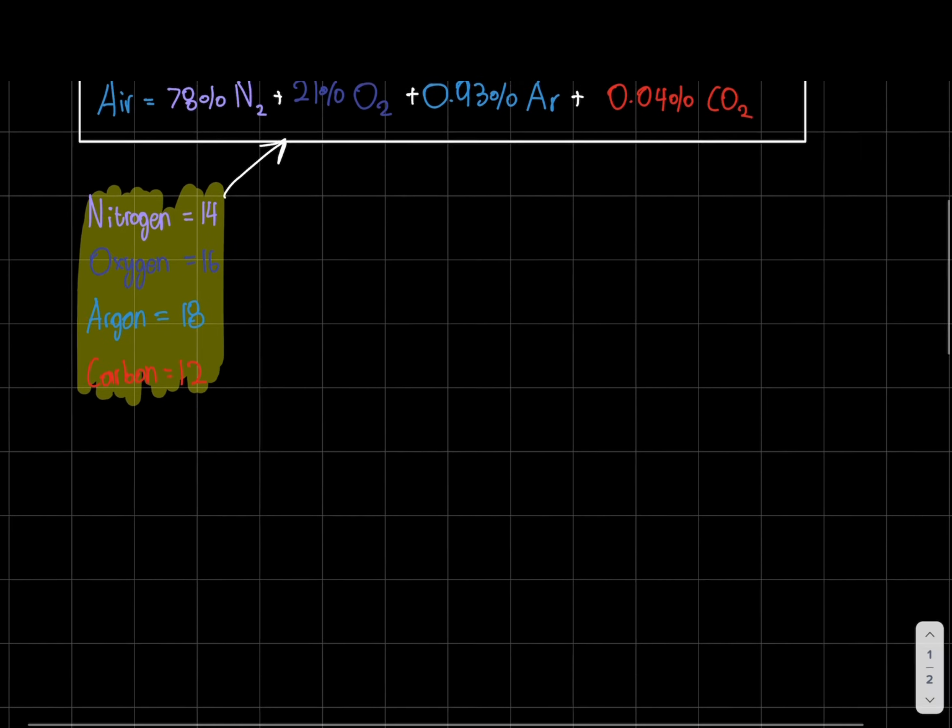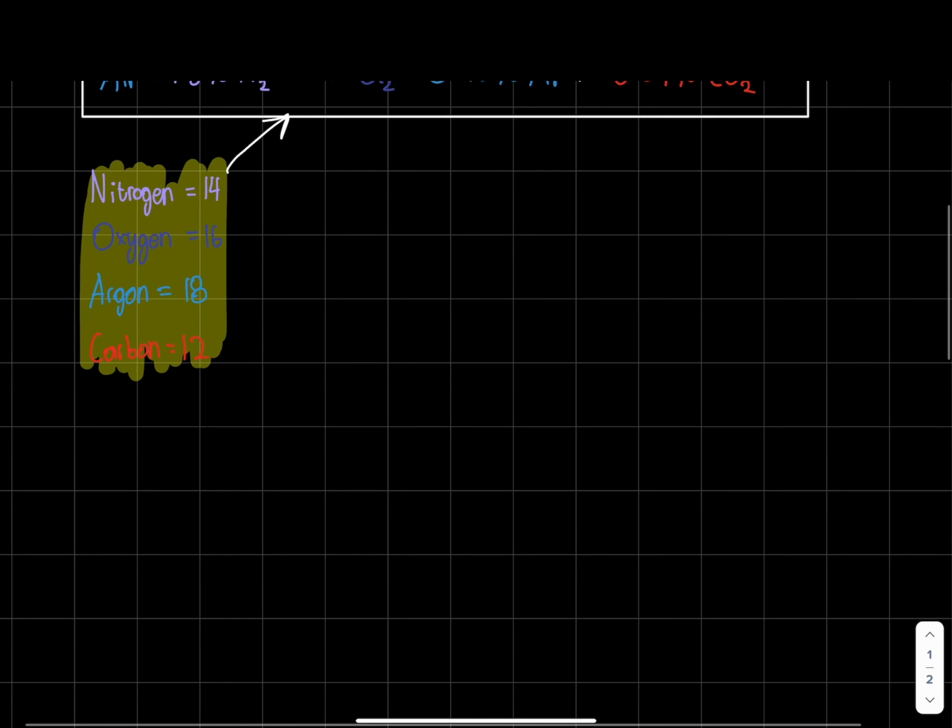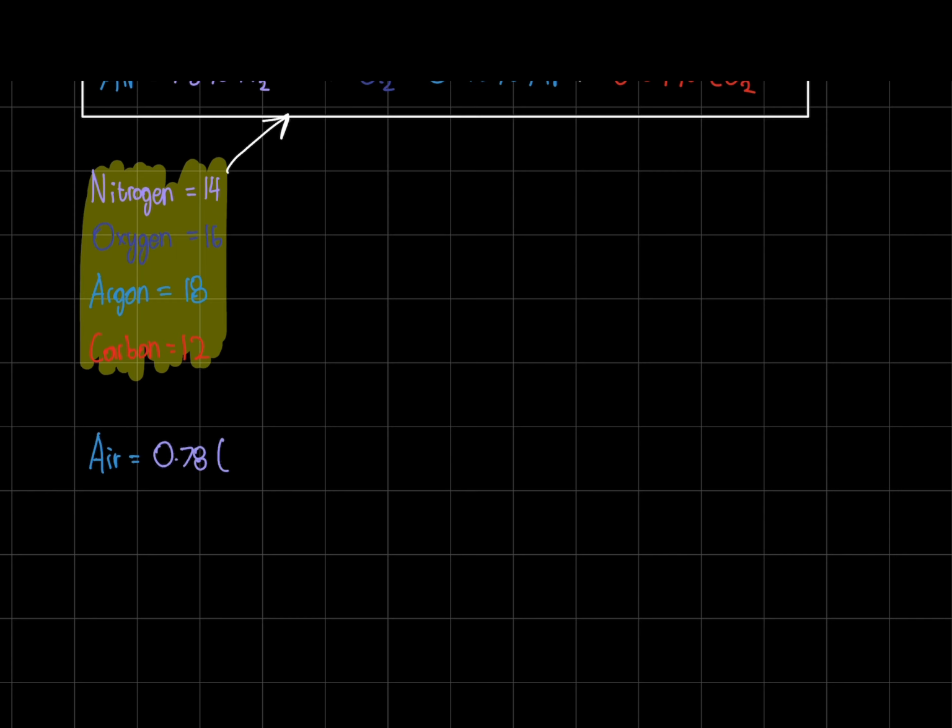So then the mass of air would be equal to 0.78 bracket, what's the mass of nitrogen? The mass of nitrogen would be 14.